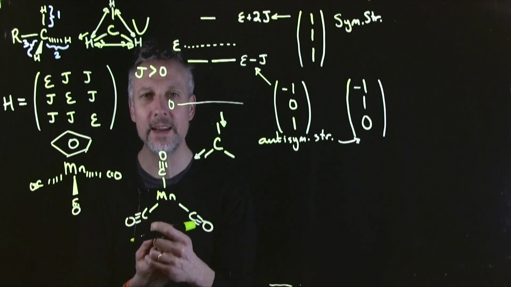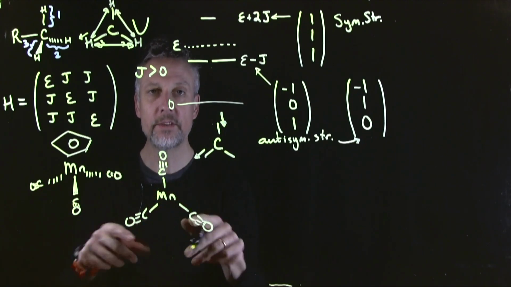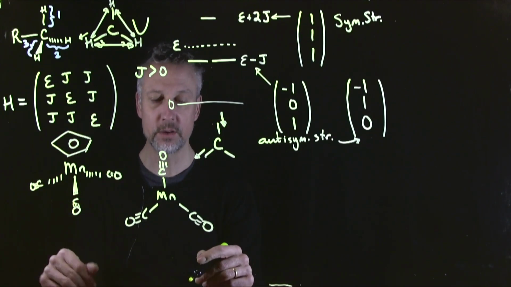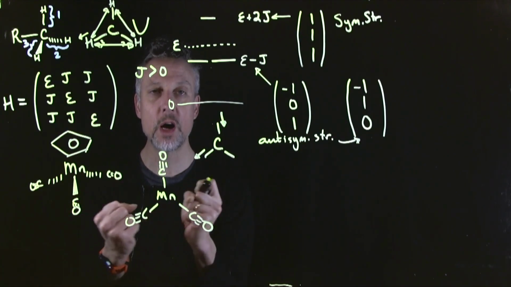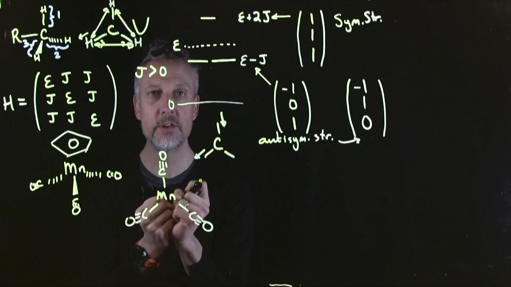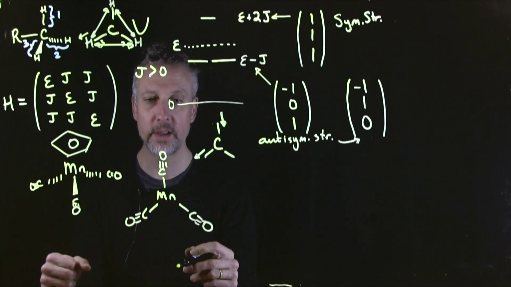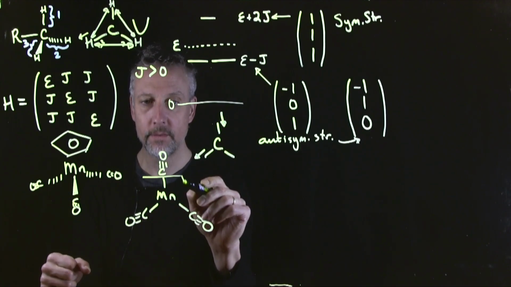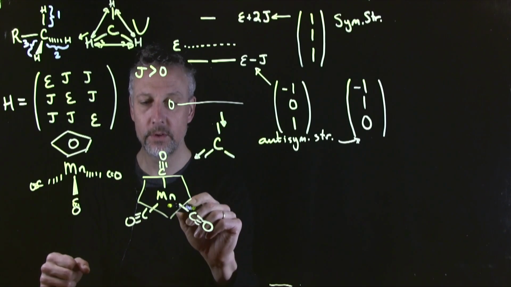You might wonder, why is that? The reason is because they're all identical and they all have the same energy, as it were, so they're going to be strongly coupled. The closer in energy things are, the more likely they are to be coupled. Now, of course, in the background, we have the pentacarbonyl doing whatever it does.